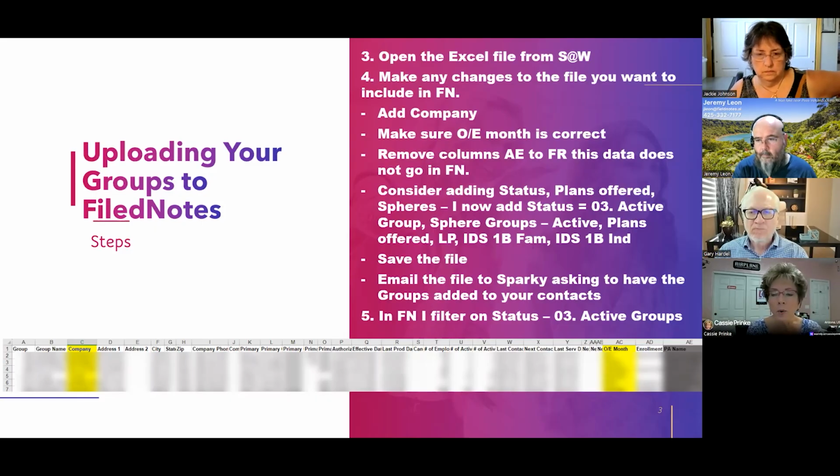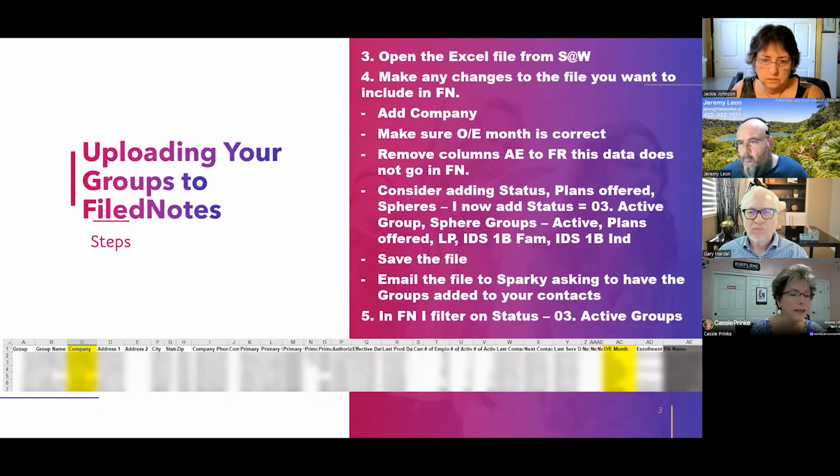That was an important aspect that, honestly, when I was first loading data into the system, I didn't completely understand. So I did that. If you want to include your spheres or active plans offered, that sort of thing, you need to really think about it.